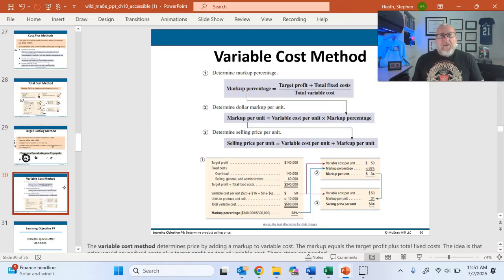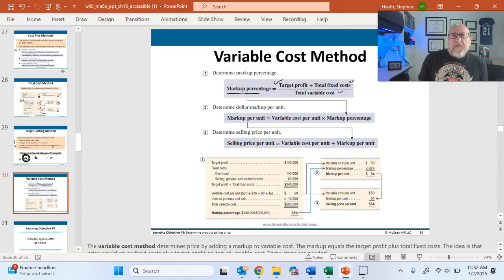Variable cost method. This is really related to the cost plus approach. And so what we're saying is there's a different way to figure out what the sale price is going to be. And we would call it the markup percentage. The markup percentage formula is target profit plus the fixed costs divided by variable costs.